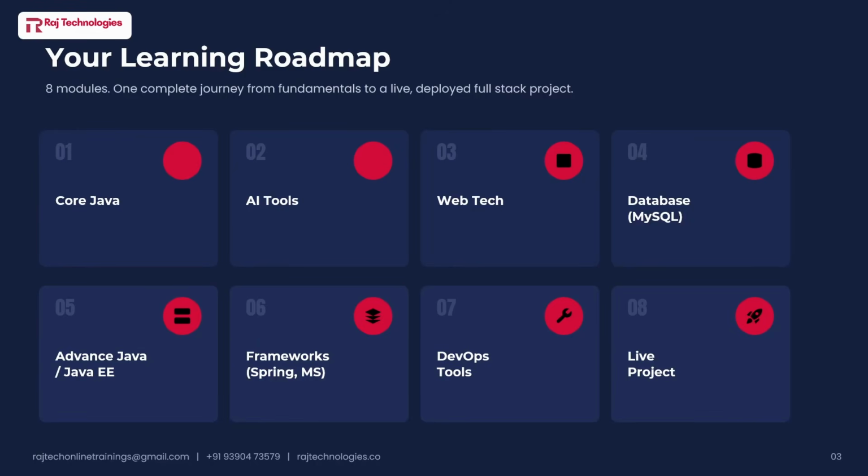What you are going to learn in this course is we have divided this course in 8 modules. One complete journey from fundamentals to a live deployed full stack project.